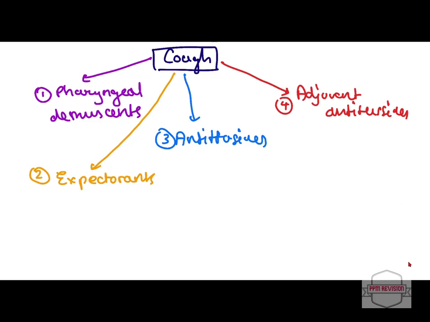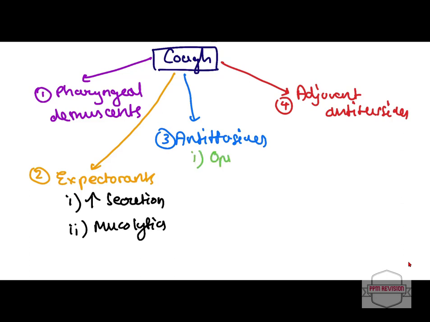So under this, there are several categories like expectorants. There is one which increases secretion, the enhancers, as well as the second category which acts as mucolytics. In a similar way, these antitussives are also divided. So here we have a class of opioid antitussives and non-opioids.